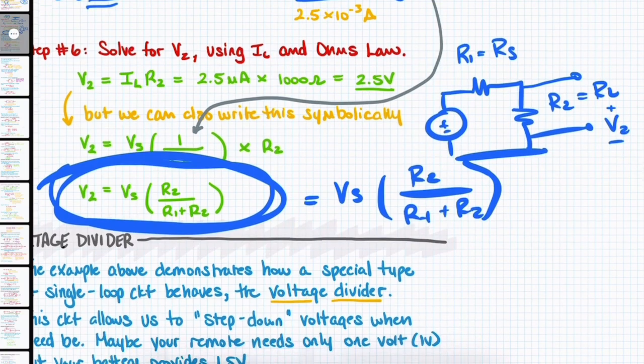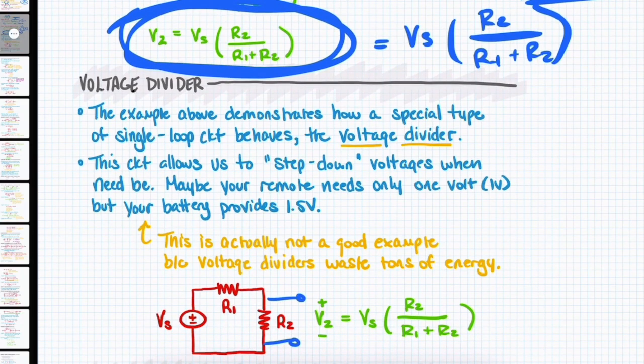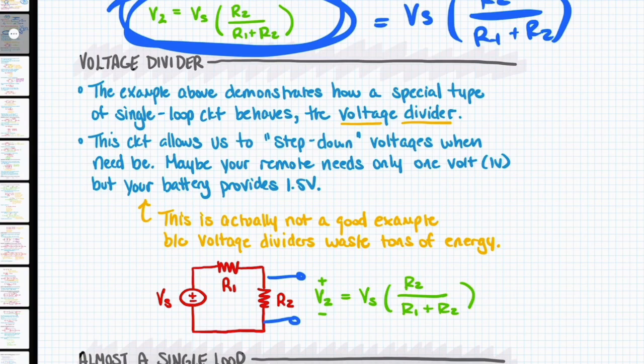So let's talk about the voltage divider specifically. We've already introduced it, so we know what a voltage divider is. The example above, we just finished it, demonstrates how a special type of single loop circuit behaves, and we call that the voltage divider. This circuit allows us to step down voltages when need be. Let's say your remote needs only 1 volt, but your battery provides 1.5 volts.